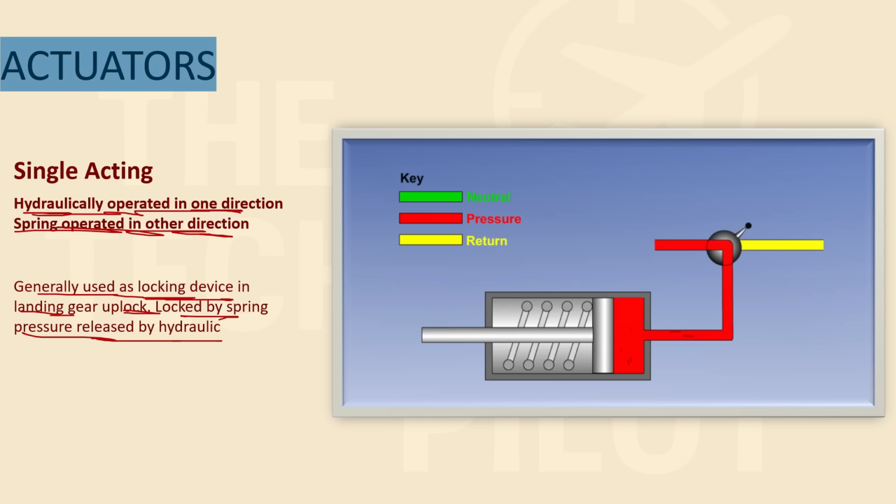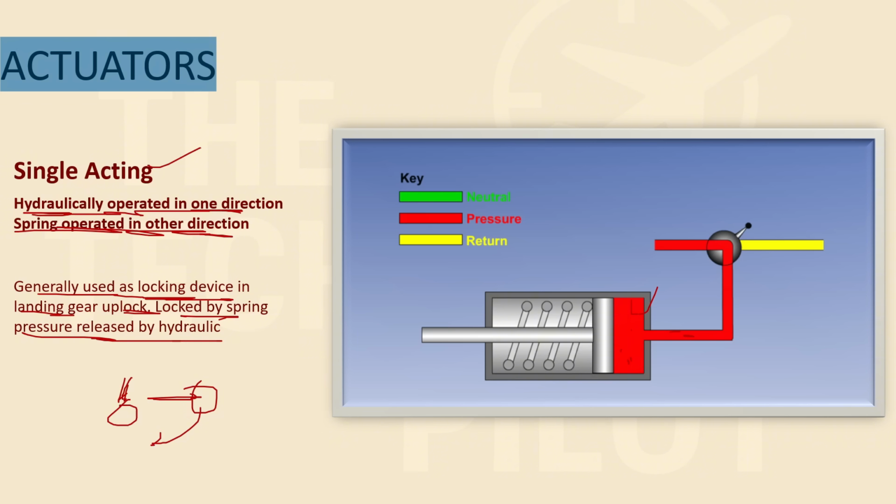So yeah, in the landing gears, since they are locked for a very long time, and you don't want the hydraulic fluid to constantly supply pressure just to keep it in the retracted position, right? So the spring will keep it in the locked position, and when the hydraulic fluid is supplied, it will then release, and it will be in the unlocked position or the down position, right?